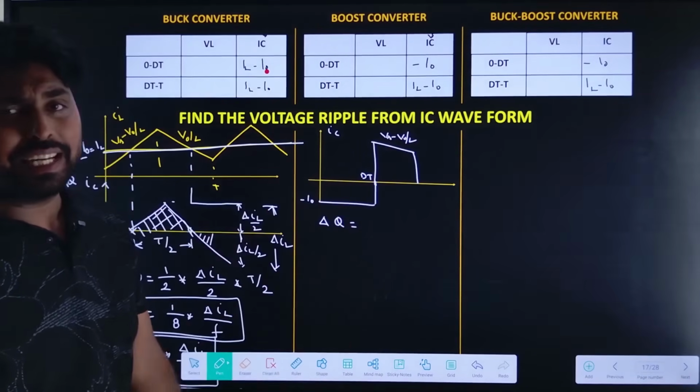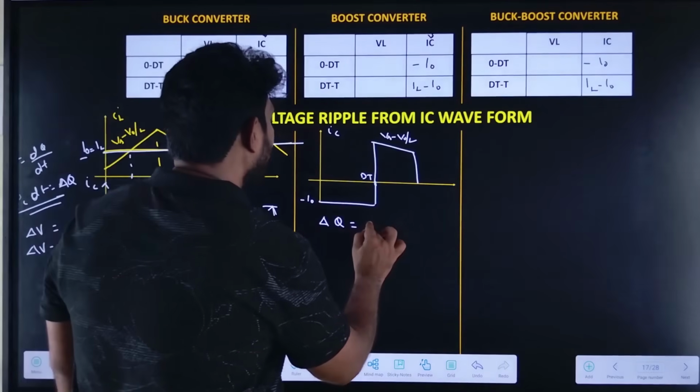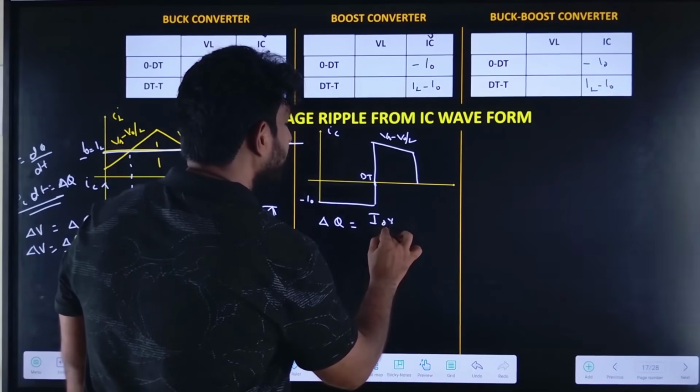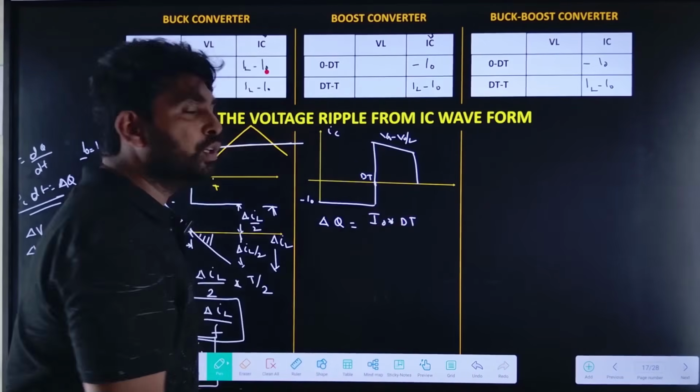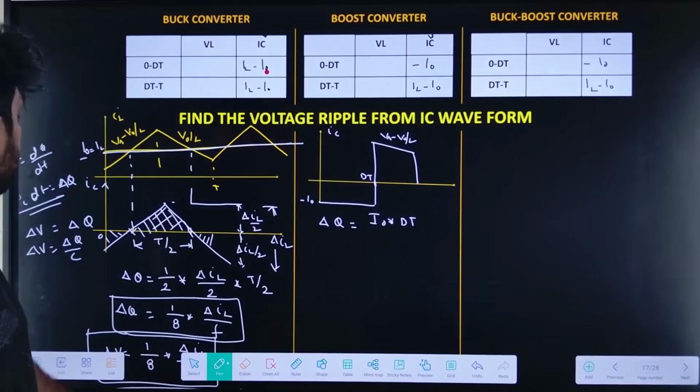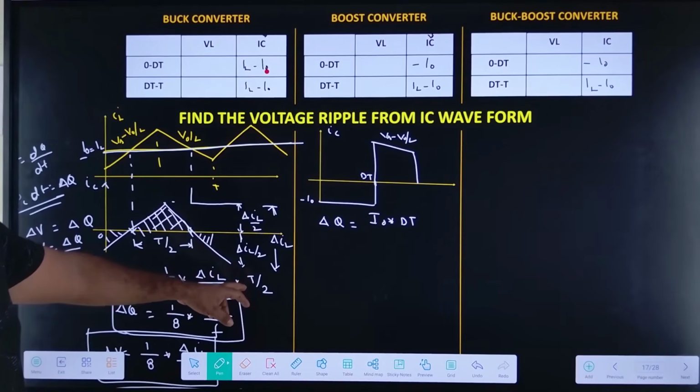So if I take the discharging area, it is equal to I naught into dt, which is delta Q.